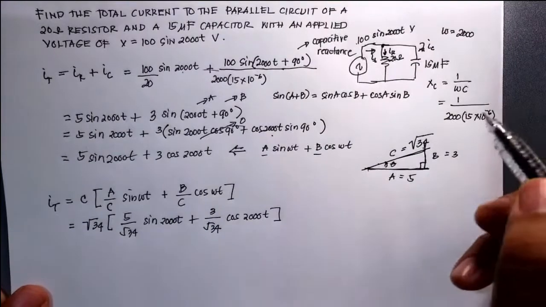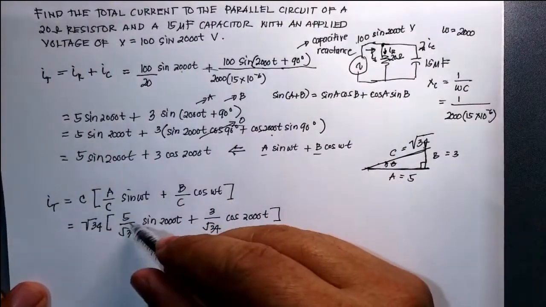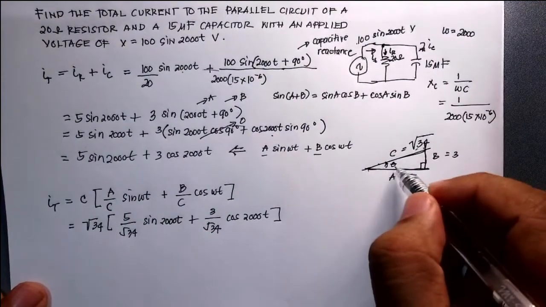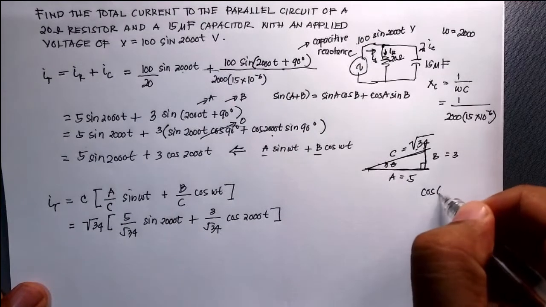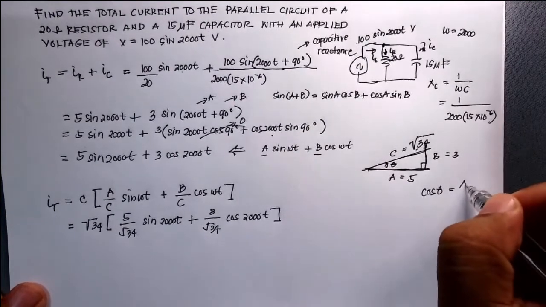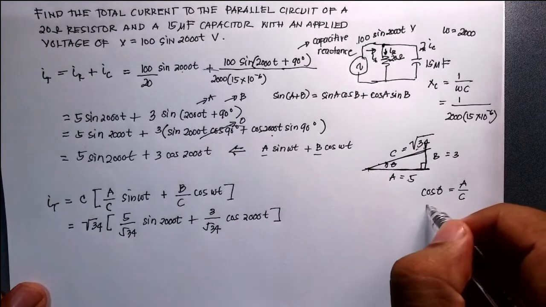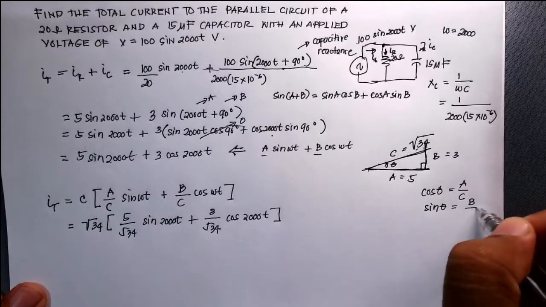You are going to note that this 5 over square root of 34 is actually the cosine of theta. So cosine of theta is A over C, and sine theta is B over C.